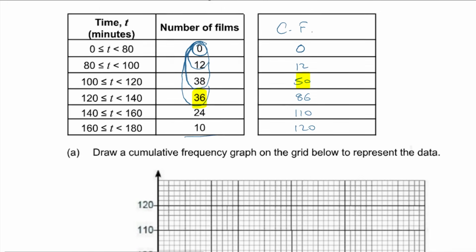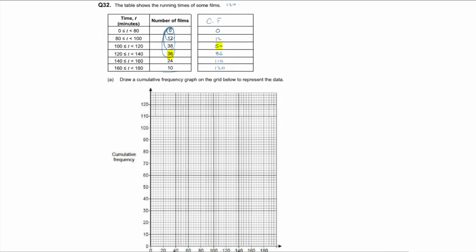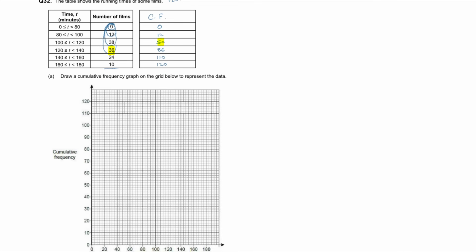All right. Now, once we've got the cumulative frequencies, we can then plot them on a cumulative frequency curve. Now, we plot cumulative frequency on one axis, so you can see cumulative frequency here. And then the bottom axis, we always use the upper limit of these, so we plot against upper class bound.